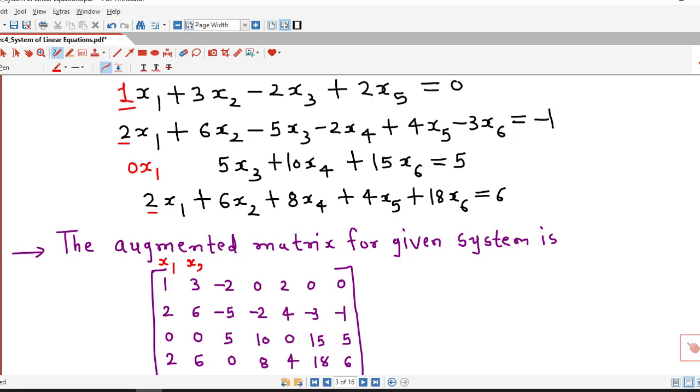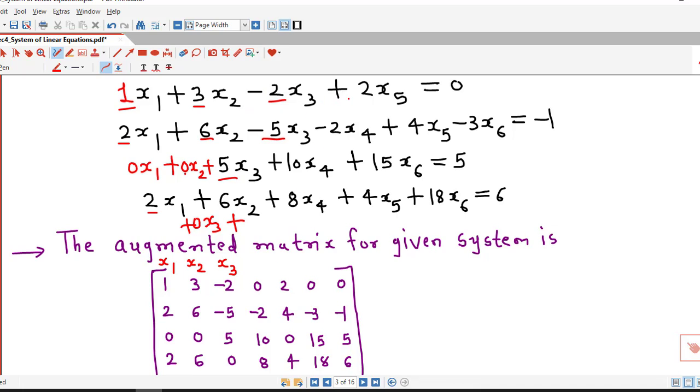Second column corresponds to coefficients of x2 which are 3, 6, there is no x2 here so we write 0, and 6. Third column is for coefficients of x3 which are -2, -5, 5 and no x3 here, so we put 0.